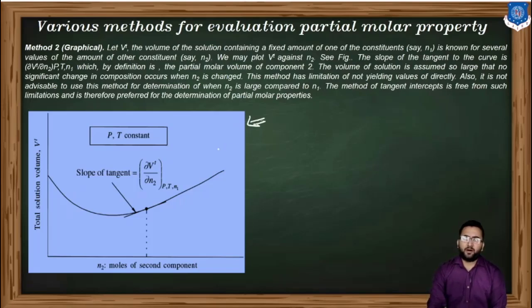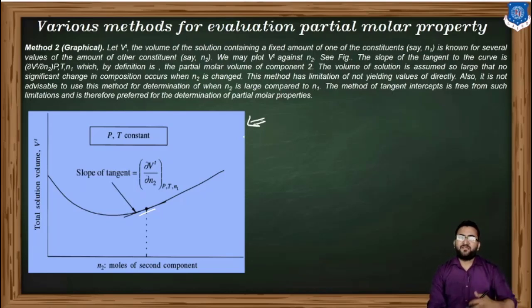The slope of the tangent to the curve is the value of del Vt upon del N2. The limitation of this method is that it does not yield the value directly. Also, it is not advisable to use this method when N2 is large compared to N1.